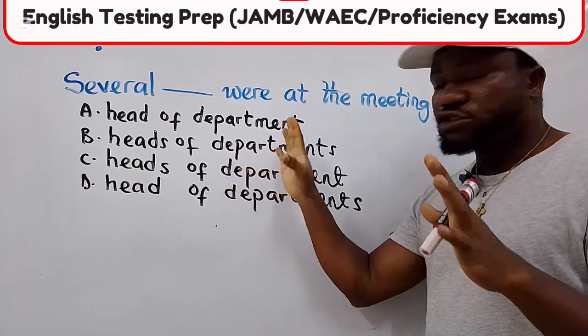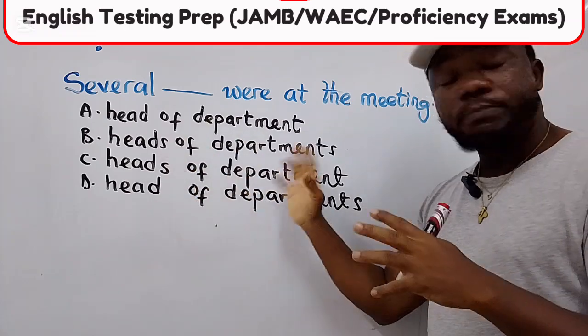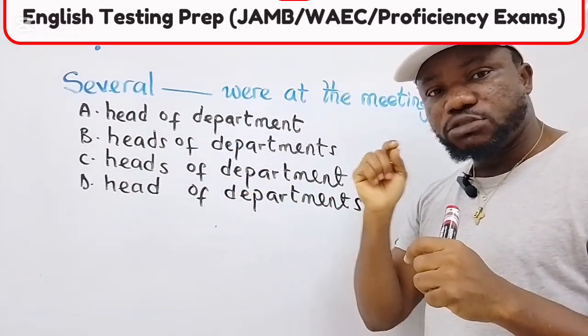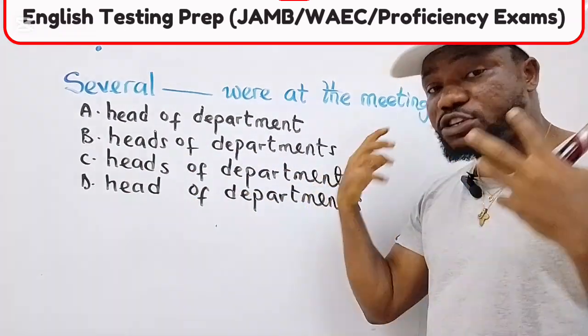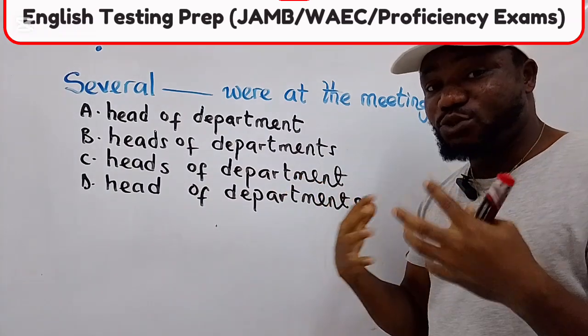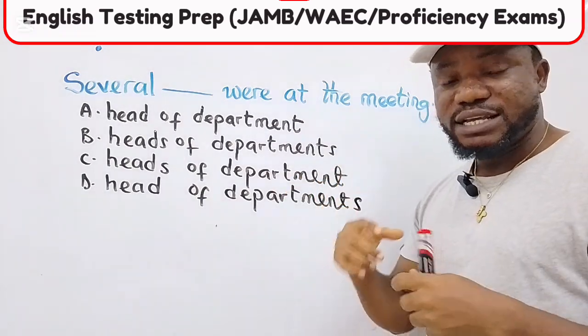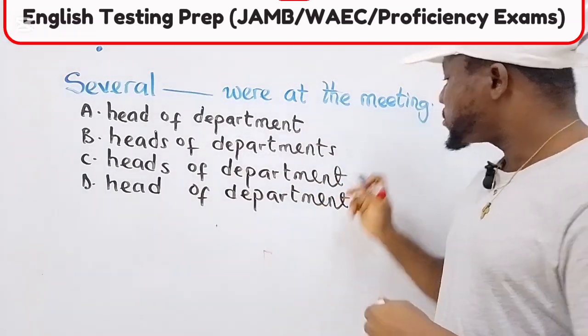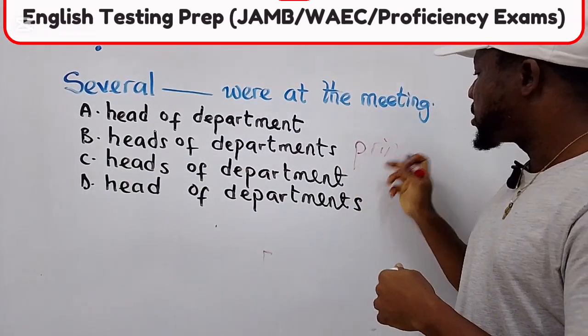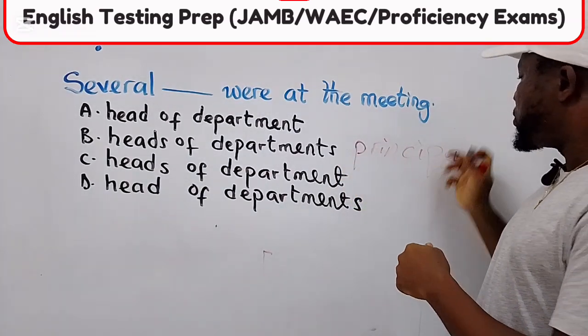So when you have a structure of compound nouns like this, there is something you must always bear in mind, and that is what I call the principal noun.